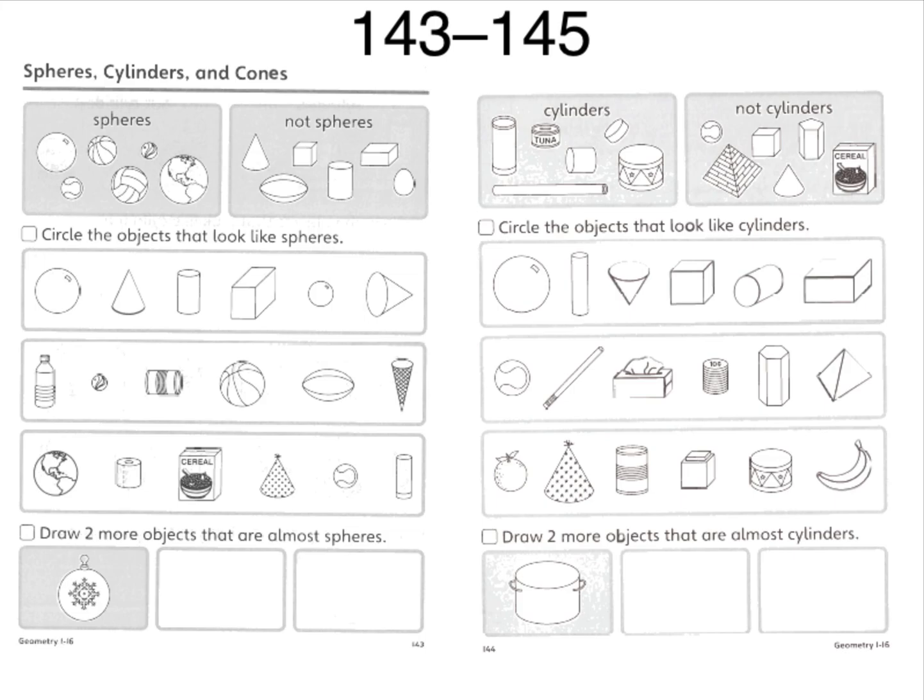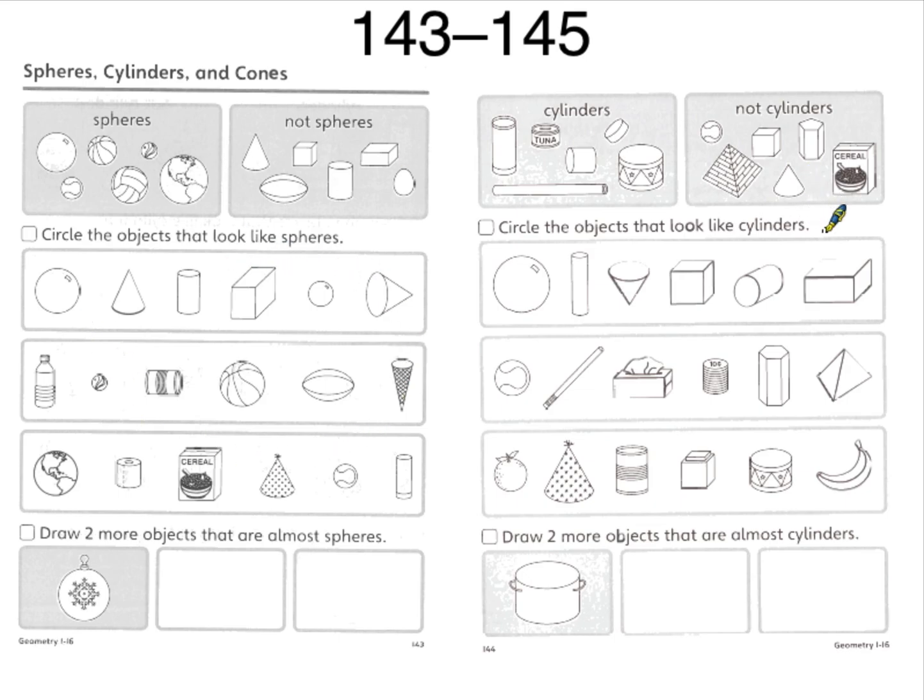Because it's really easy. Every year I get grade 1s who skip things. So on the first page, just think about it in your head. Sphere, yes. Sphere, no. Sphere, no. Okay? Draw 2 more objects that are almost spheres, or look kind of like a sphere. They can't be any from here.